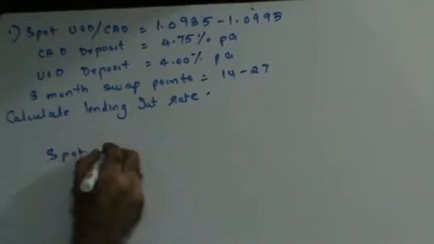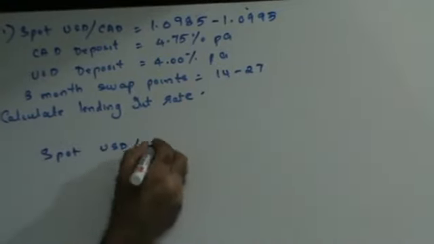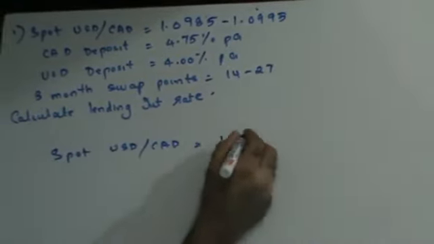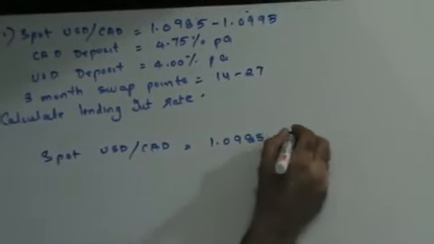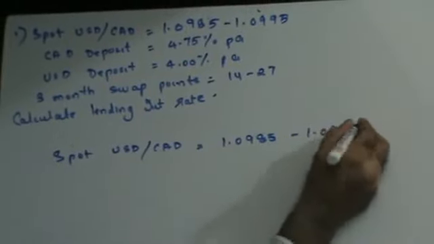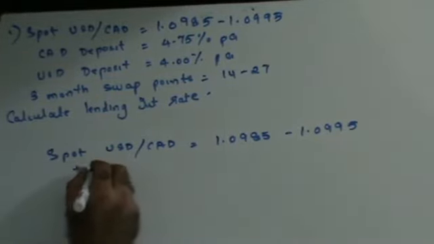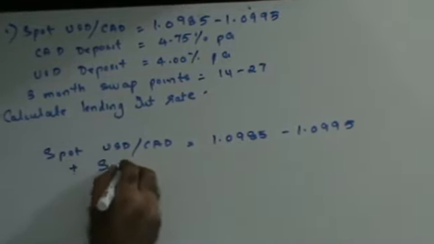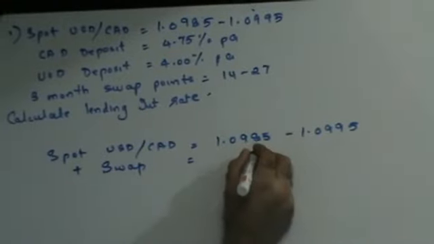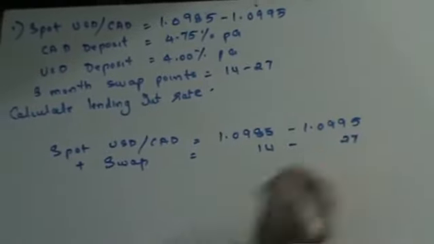Spot USD Canadian dollars is 1.0985, 1.0995. Since I already told you that these are positive swap points, so positive swap points are 1427.